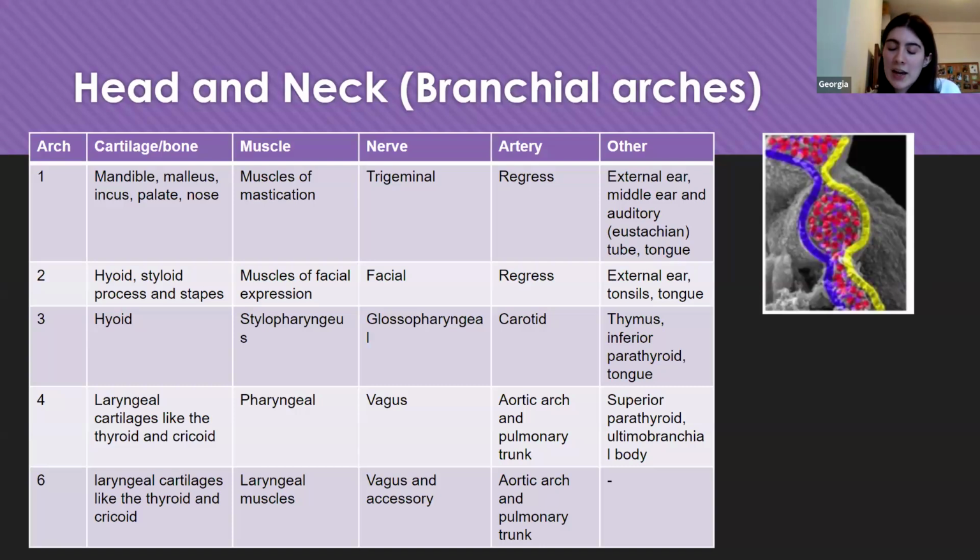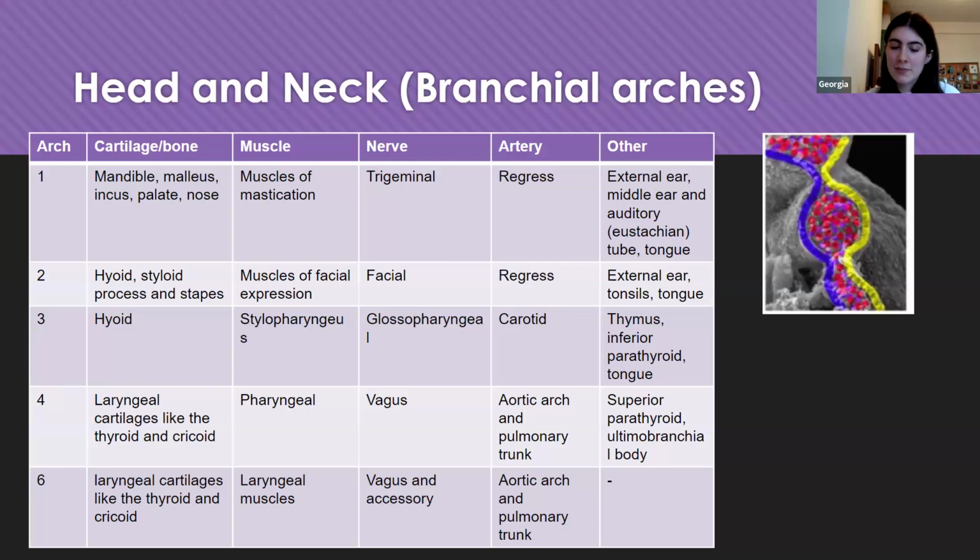And the general structures of all the arches is the same, and it's as follows. So you have the pharyngeal cleft made of ectoderm, which is the outermost structure, seen in yellow on the picture. You have a mesenchymal core in the middle that's made of mesoderm and those neural crest cells that we talked about earlier. And the pharyngeal pouch made of endoderm is the innermost structure, and that's seen in blue.